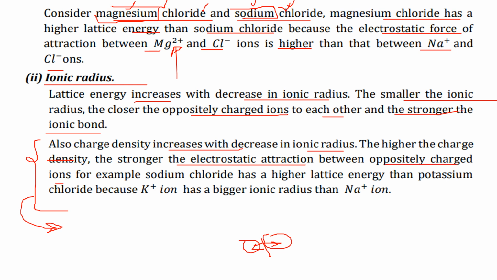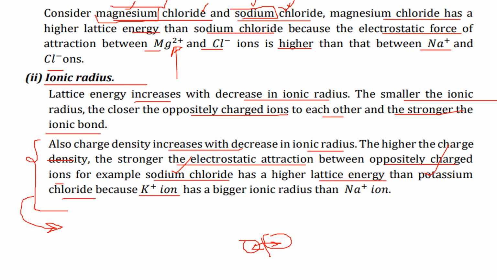For example, sodium chloride has a higher lattice energy than potassium chloride. Reason being, if you compare the sodium ion and the potassium ion, both are ions from group 1 elements. But if you look at their ionic radii in the periodic table, you will see that the sodium ion has a smaller ionic radius as compared to the potassium ion.